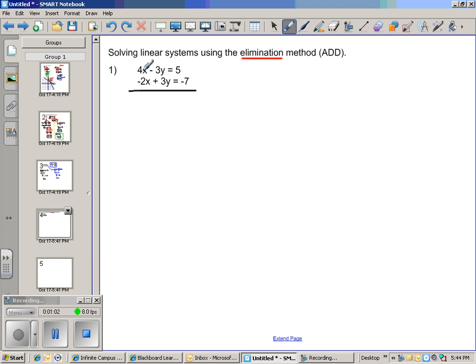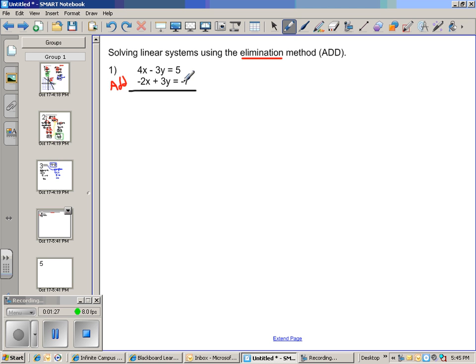First thing I notice is that my y values have the same coefficient. They have a coefficient of 3. However, this one has a negative 3 and this is a positive 3. So if I add the two equations together as they are, the y's will cancel out, leaving us with just the x's left over. So we're going to do addition.